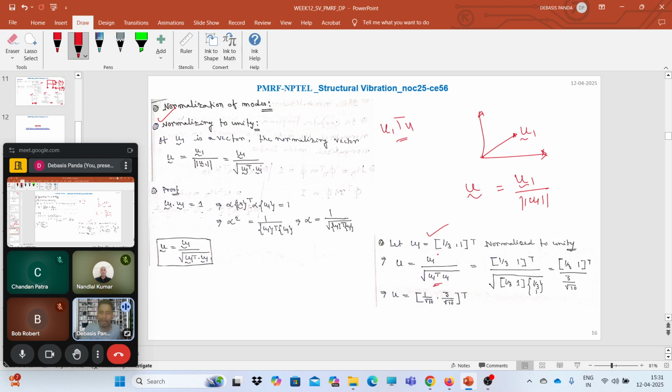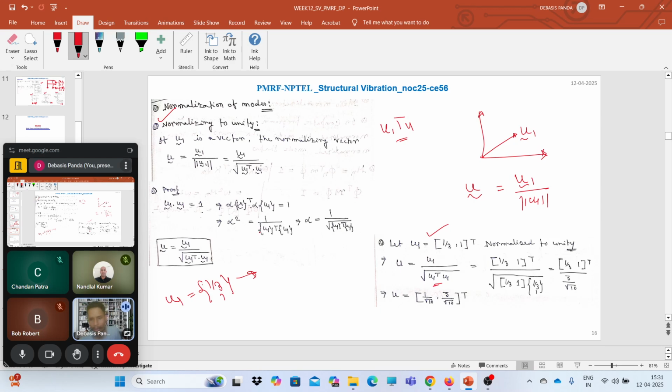This kind of short question, where the u1 vector is given to you, or the mode shape is given in vector form, like 1, 3 and 1, right? They ask you to normalize it to unity. What should be the unit normalization of the mode shape if we want to normalize it to unity?